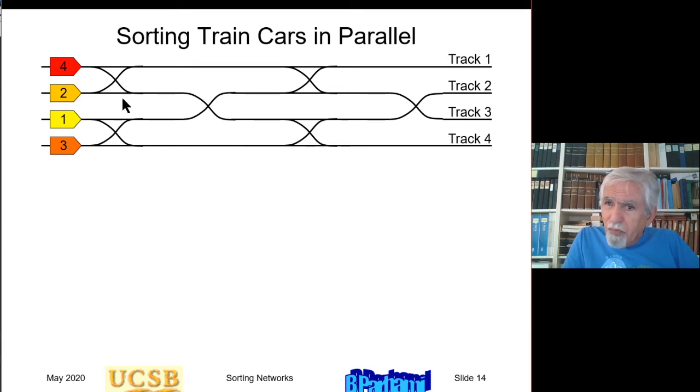So this is a mechanism I've built to allow me to put this car on track 3, this car on track 1, this car on track 2, and this red car on track 4. So there are 2 kinds of mechanisms at play in this diagram.